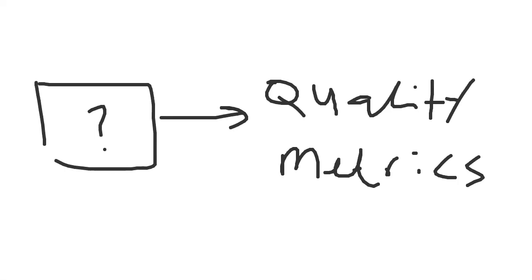Quality metrics is an output of the process known as plan quality management. And you do need to remember that these quality metrics are going to become an input to control quality. Okay? So plan quality management is the process in question. Let's go on to our next one.